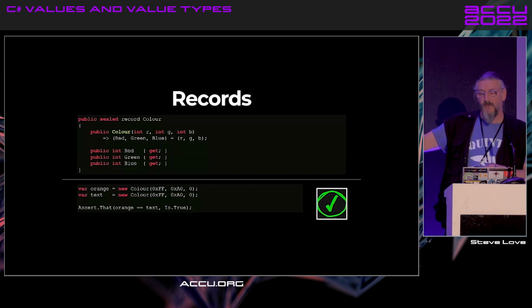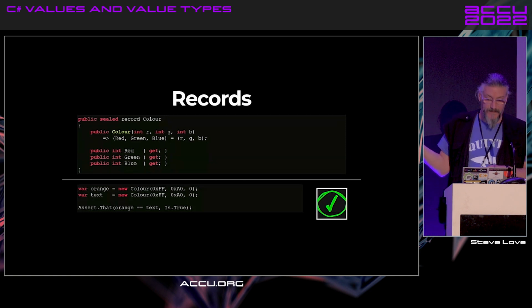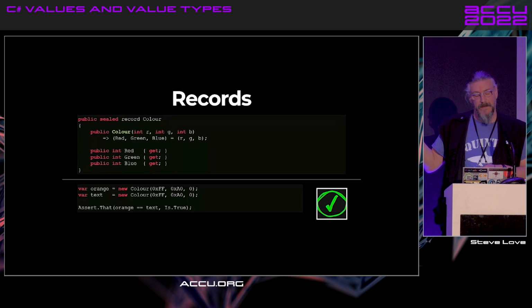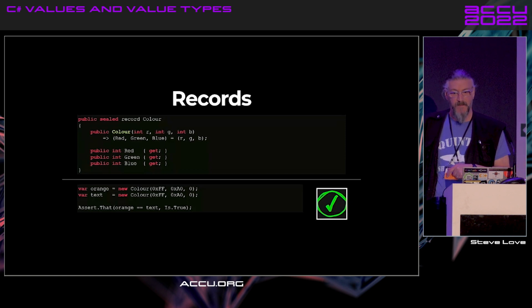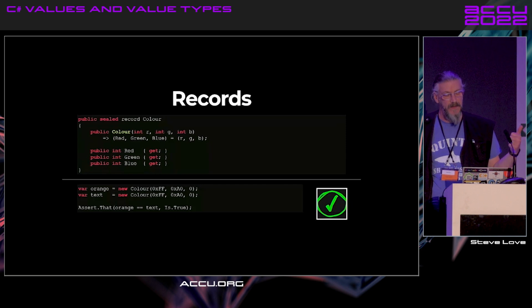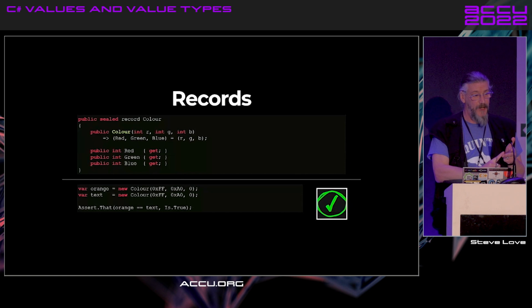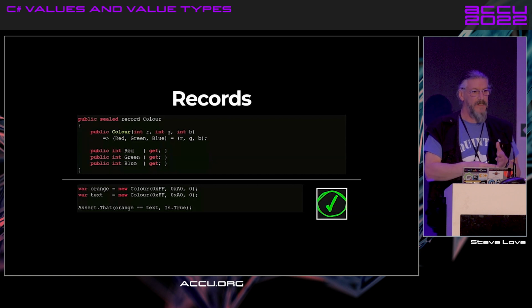So here we've got a sealed record called Color, where we have the same constructor as before, three immutable properties as before, but we don't need an override of the equals method, an implementation of IEquatable, GetHashCode, or the operator overloads. The compiler literally generates those for us.